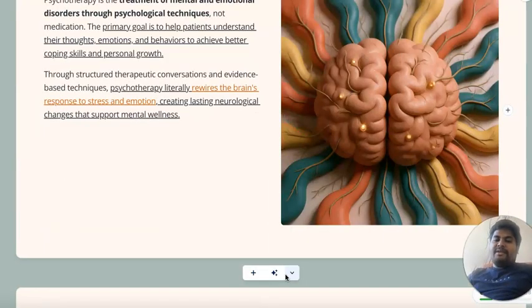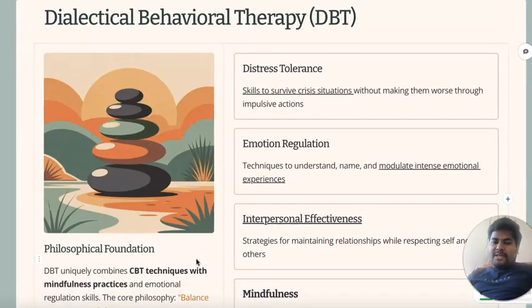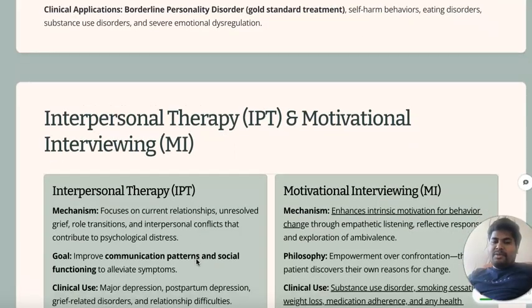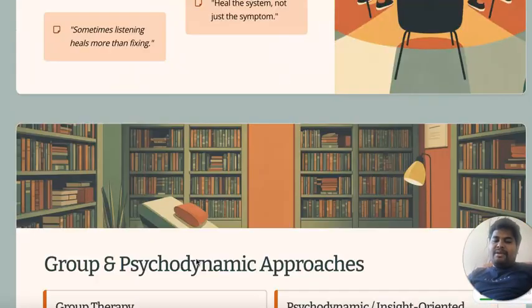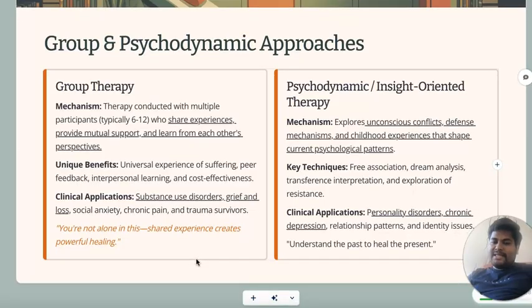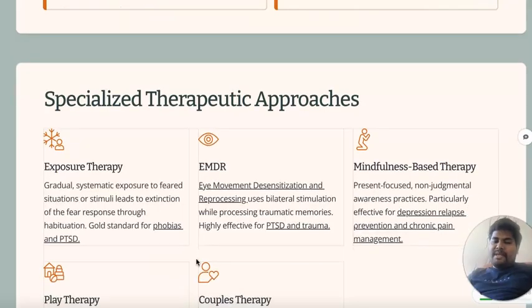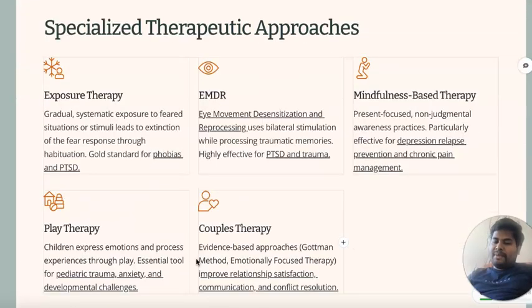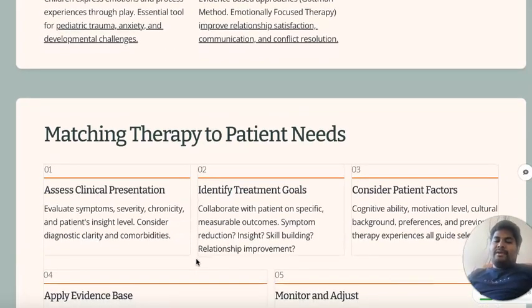You got the definition of psychotherapy, you understood behavioral therapy, cognitive behavioral therapy, dialectical behavioral therapy, interpersonal therapy and motivational interviewing, you understood supportive therapy, family therapy, you also understood group therapy, and psychodynamic psychoanalysis or insight-oriented therapy, and also you learned about exposure therapy, EMDR, mindfulness-based therapy, play therapy, couples therapy. And then you understood how to play your role as a therapist.